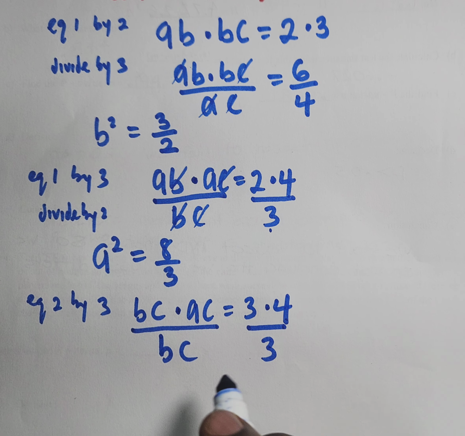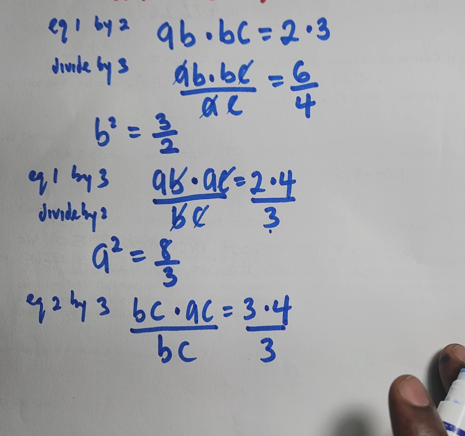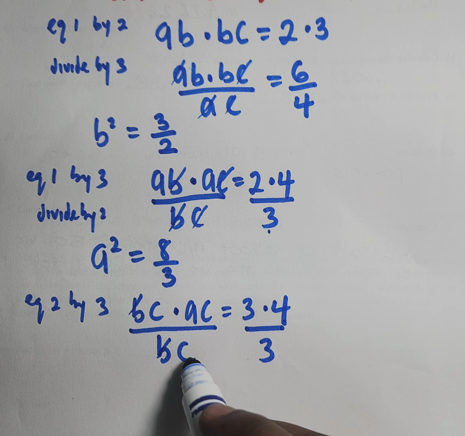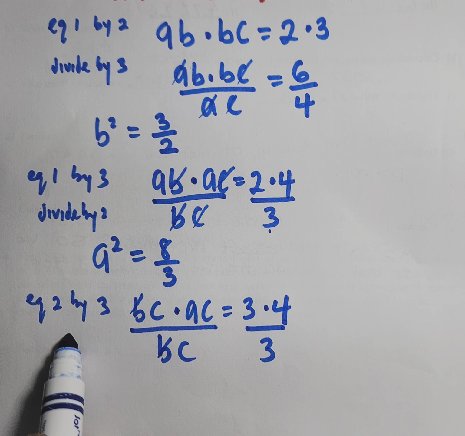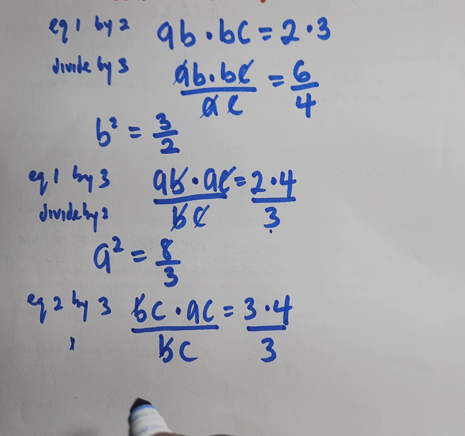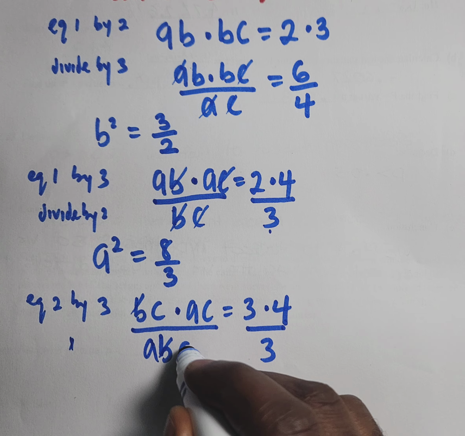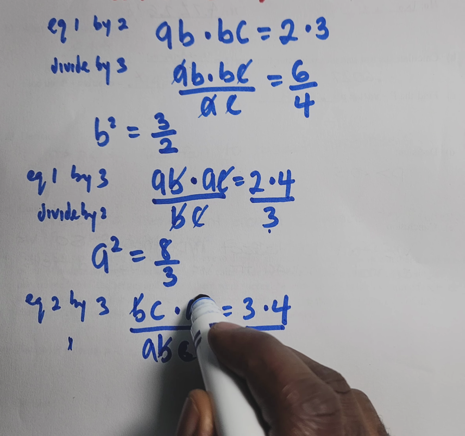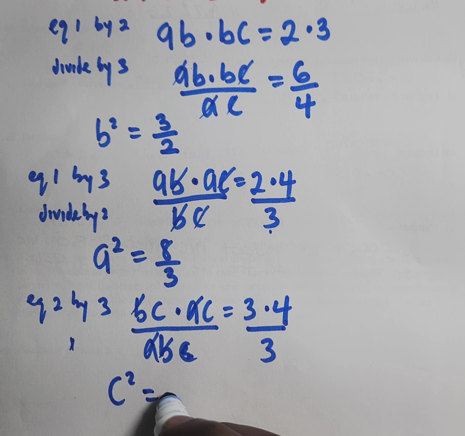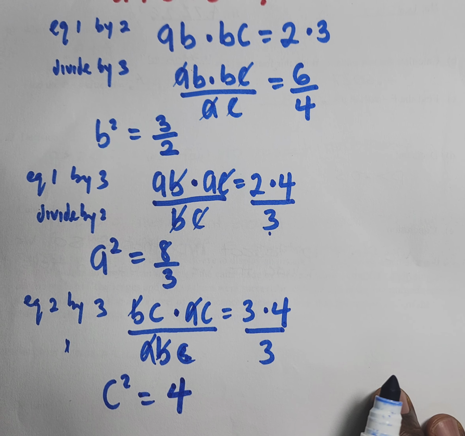Finally, from here, I'm going to have my b cancelling b, or dividing this by equation 1. You divide by equation 1, which is ab, not bc. So a cancelling out a. So from here, I'm going to have my c squared to be equals to 4.